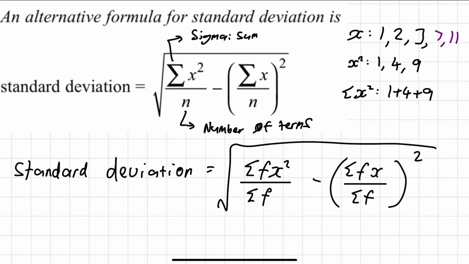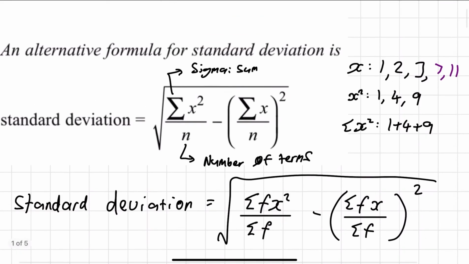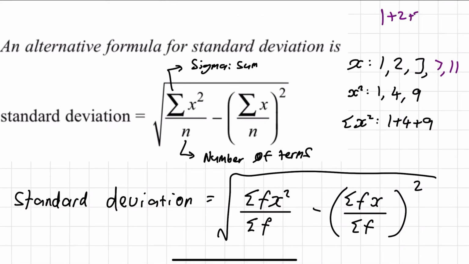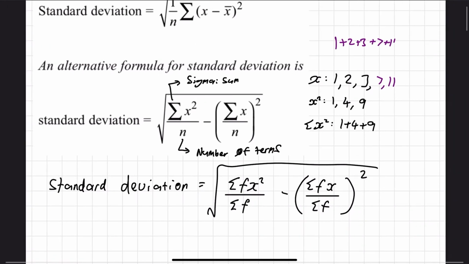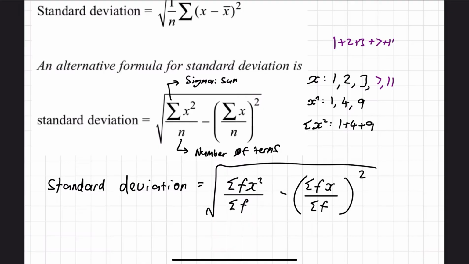So n is basically just how many numbers are in the list. And then similarly, sigma x is the sum of your x values. So that's basically adding up your 1 plus 2 plus 3, and then of course your 7 plus 11. And your n here still means number of terms. What the standard deviation basically does is it tells you how much variation there is of each value away from the mean.